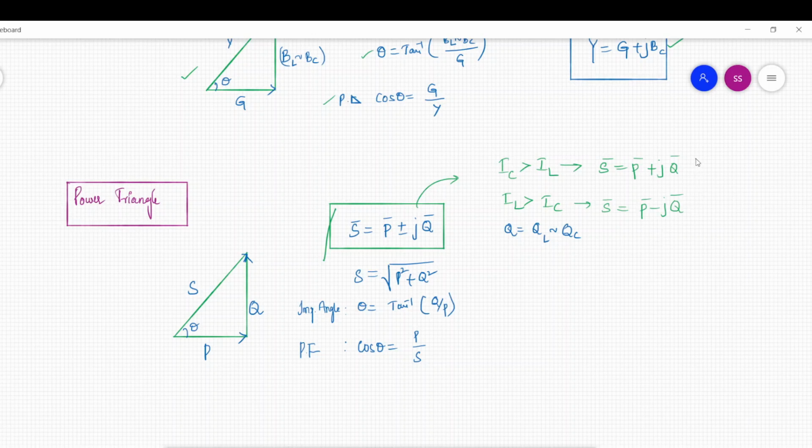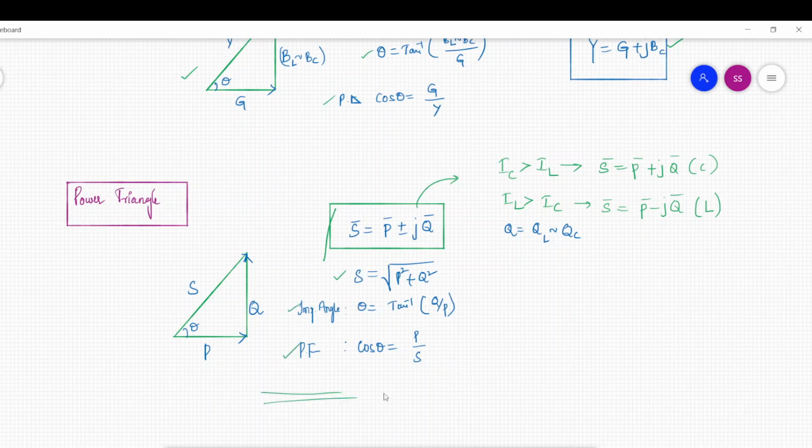So if the capacitor is dominating, this is the apparent power expression for a parallel RLC circuit, and if the inductor is dominating, that is the expression. For series it will be opposite, so remember that. So you know how to find the magnitude, impedance angle and power factor.